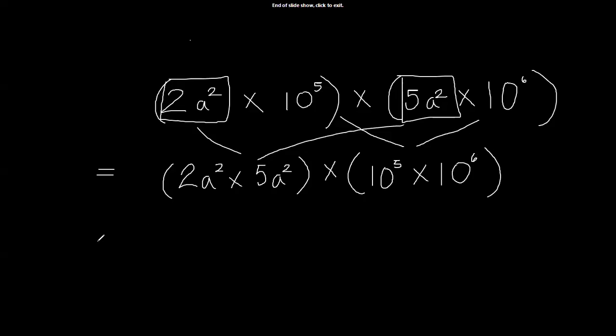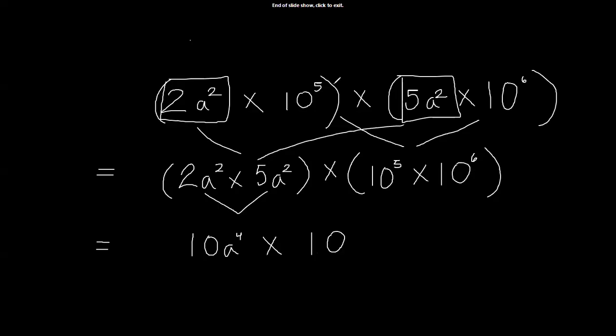Okay, what are we gonna do here to combine these two? We're gonna multiply 2a by 5. So 10a to the power of 4, multiplied by 10 to the power of 11.